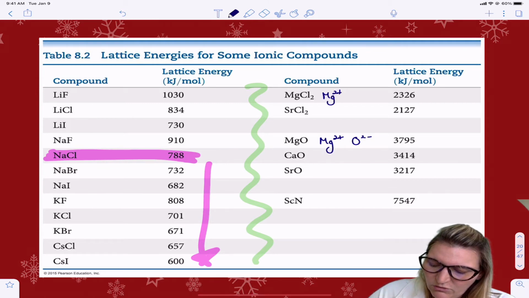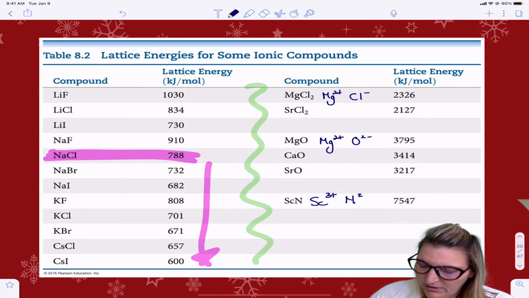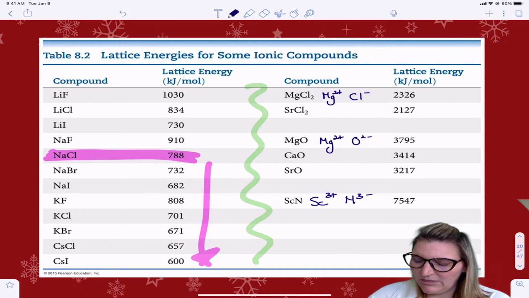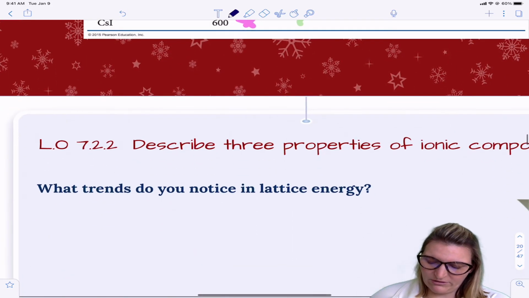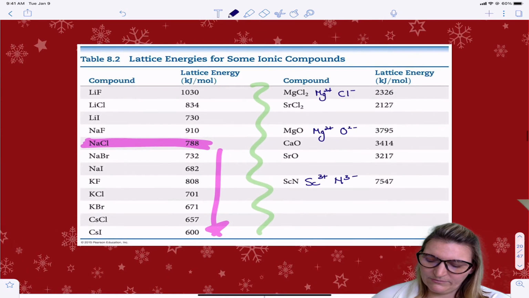Mg, we just said 2+, chlorine 1-. Scandium is 3+, nitride is 3-. Do you see a pattern going on? That's actually the question at the bottom of this.